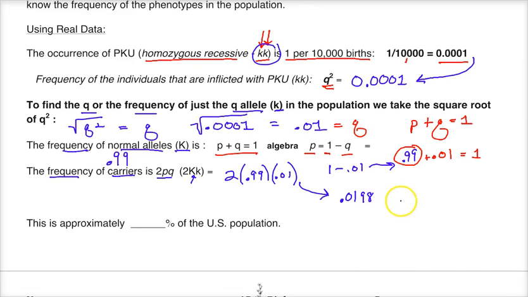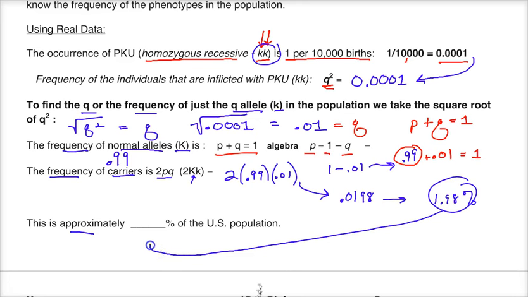Now I convert that to a percentage. I'm going to multiply that by 100, so that would be 1.98%. And this is approximately what? Round that off, and you get approximately 2% of the U.S. population is a carrier that has at least one recessive gene that carries the trait.